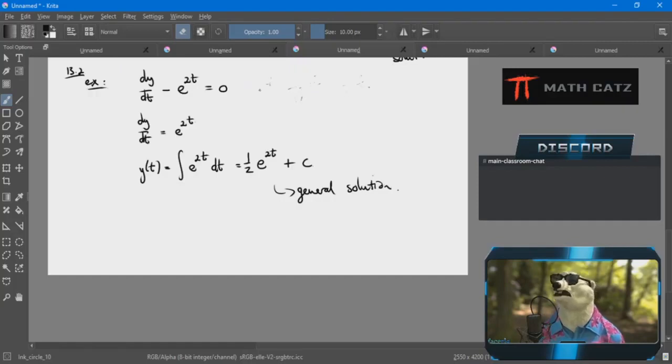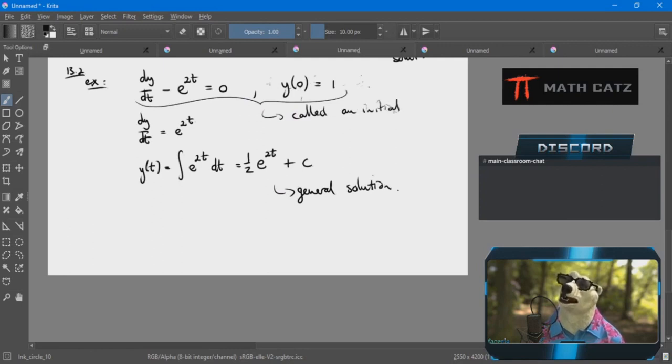If I'm given some extra information, like, that doesn't really matter, my function, let's say, at 0 is 1, these two together are now called an initial value problem. So in case you see somewhere they ask you, solve this initial value problem, it simply means it's a differential equation and some extra information provided.